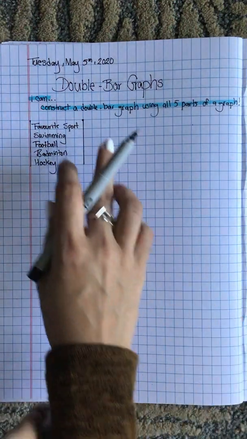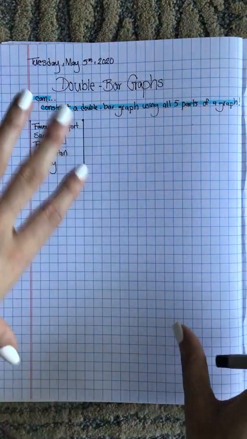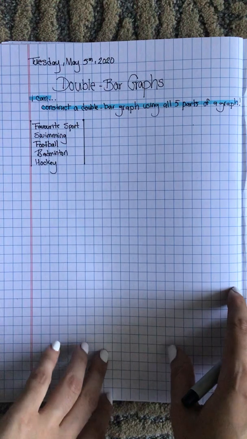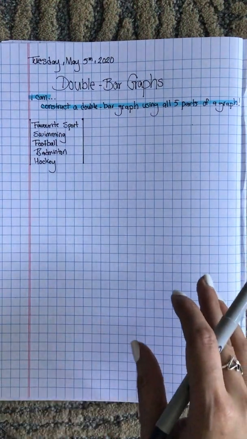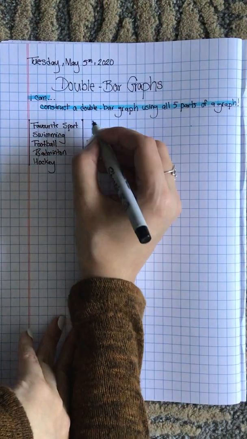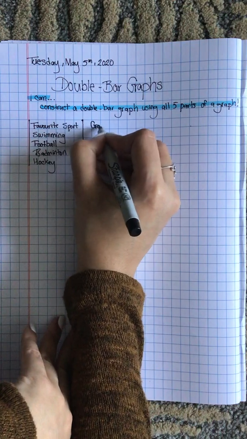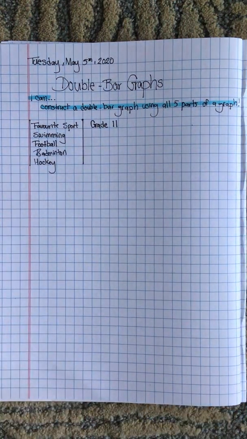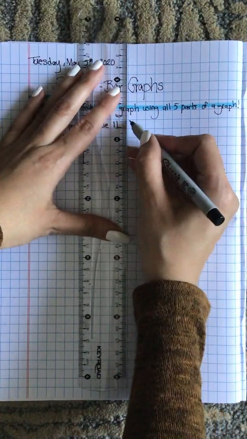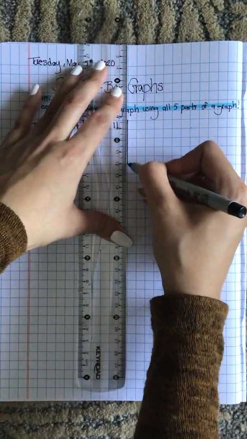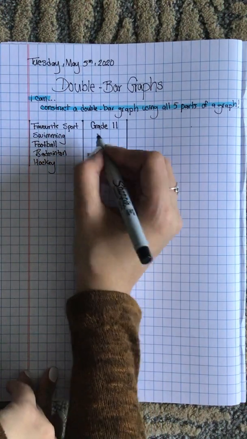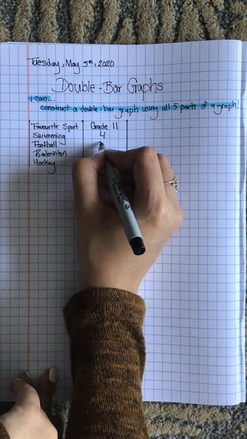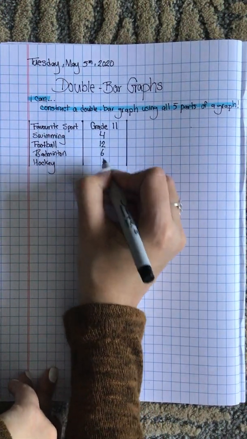Then I'm not going to put the tallies. I'm just going to keep the totals, because the tallies are only needed when you're doing the survey. I just did it yesterday to show you. Now I'm going to have grade 11, which is what we had yesterday. I'm going to write that down as my total: 4, 12, 6, and 3.